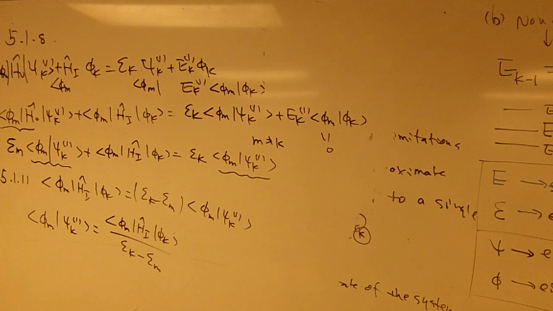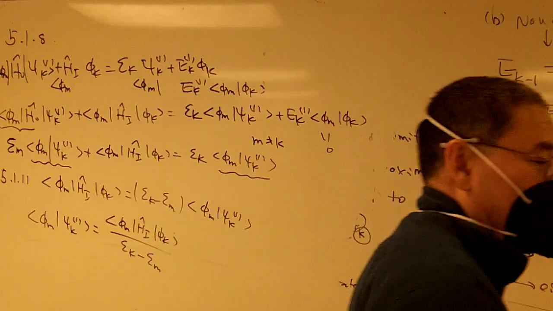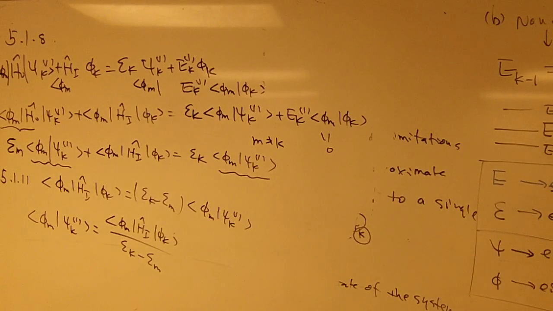Toby, you got a question for me? Yes. Is h hat sub I in the form of some type of ladder operator? This is not defined yet. Okay. So in other words, until we know what this form looks like, we have to leave it as it is.